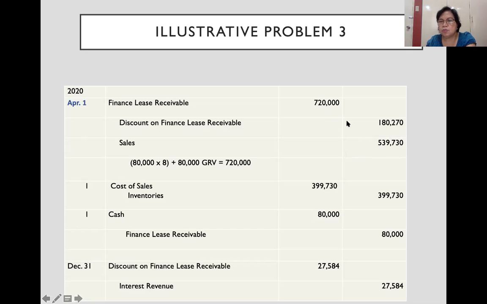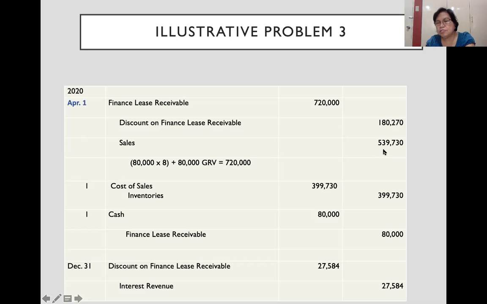The difference between the gross and the net is actually the interest that will be earned over the lease term, which is credited to discount on finance lease receivable. Then you record your cost of sales. Debit cost of sales, 399,730, and credit inventories, 399,730.